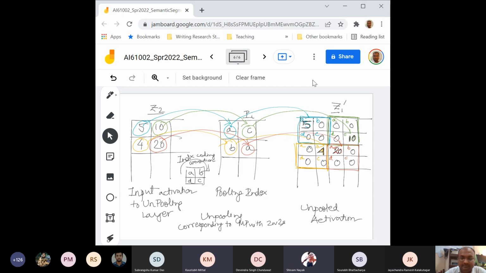Sir, yes. Stride is taken in both horizontal and vertical direction, right? Yeah, we wrote down 2W 2S. Oh, yes, sir. Okay.